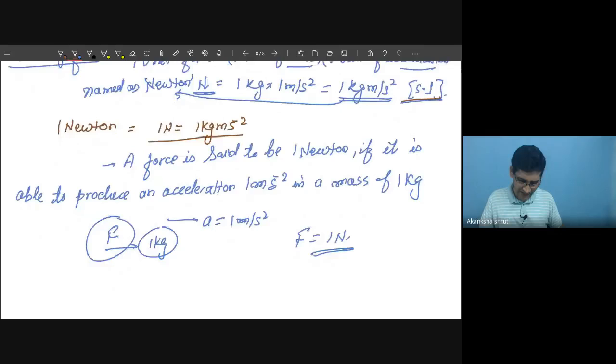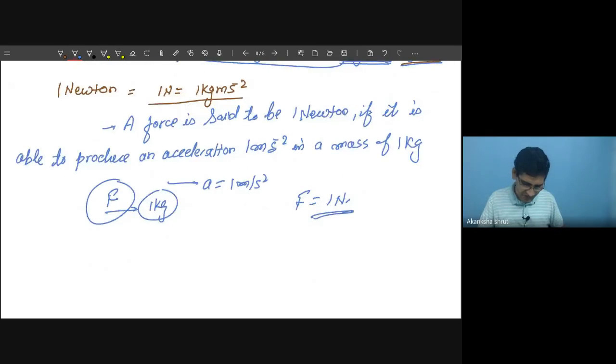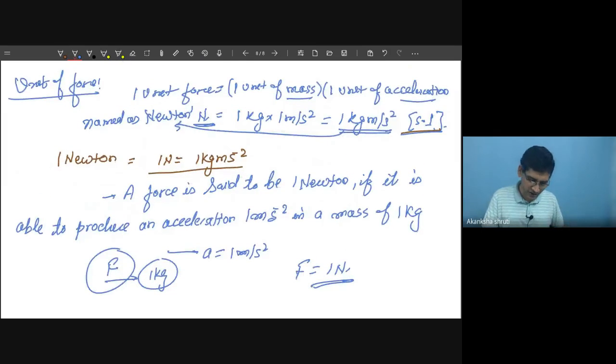There is another unit of force, called dyne. Whatever uses kg and meter per second square to define the unit of force is called your SI unit.